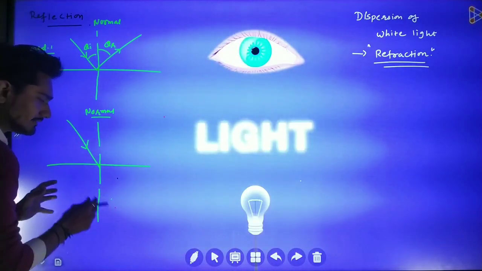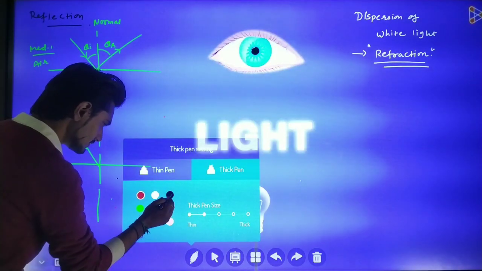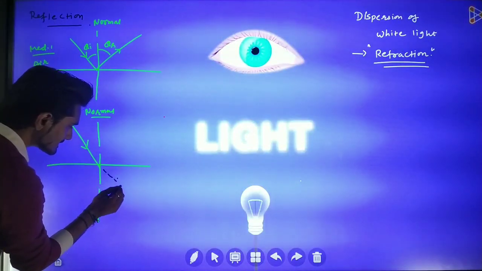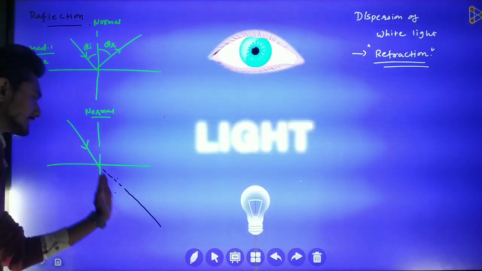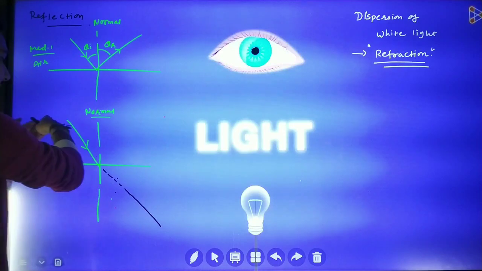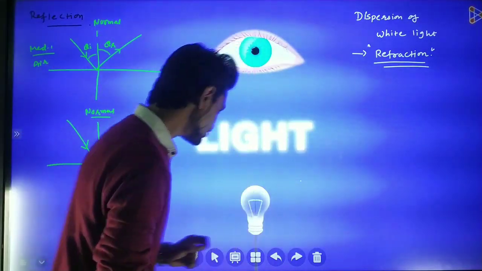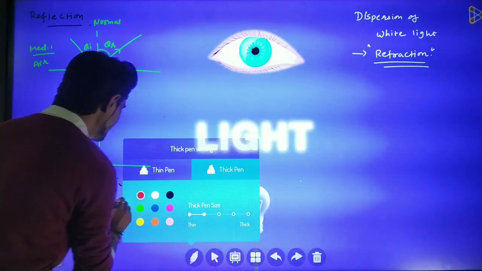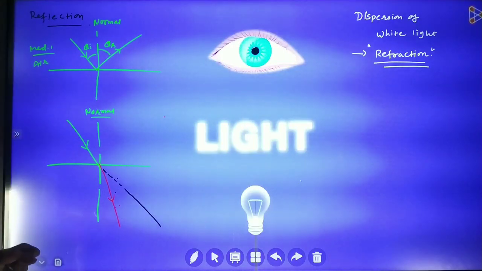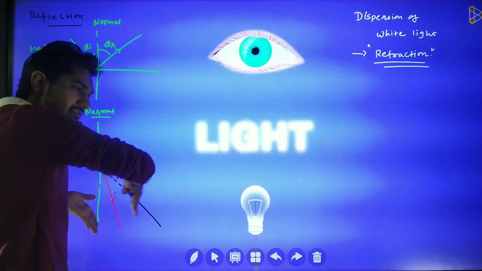Now the ray should go like this, in a straight path, but it does not happen actually. Actually, the light ray is bent like this. Sometimes it bends towards the normal, sometimes it bends away from the normal.